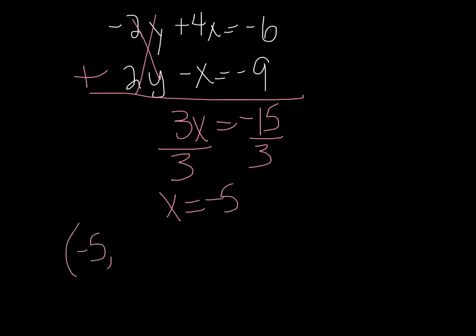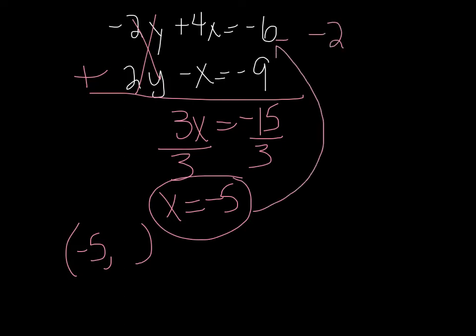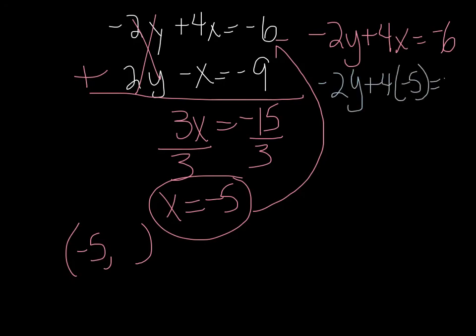That's my x value. I'm going to take this and substitute it in. Doesn't matter. I'm going to use the top one. So I have negative 2y plus 4x equals negative 6. Because x equals negative 5, instead of this x, I'm going to put a negative 5 there. So we have negative 2y minus 20. 4 times negative 5 is negative 20.